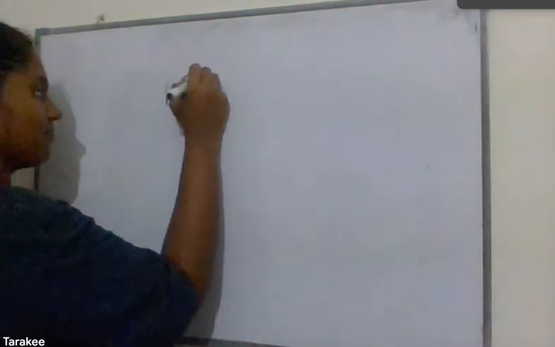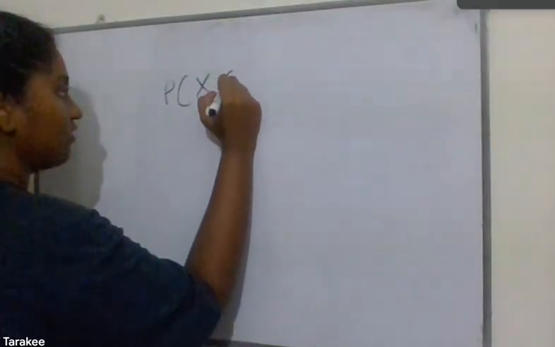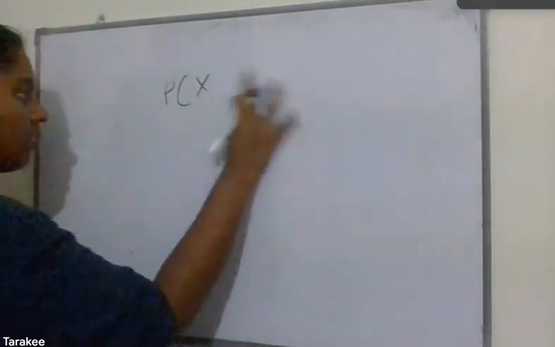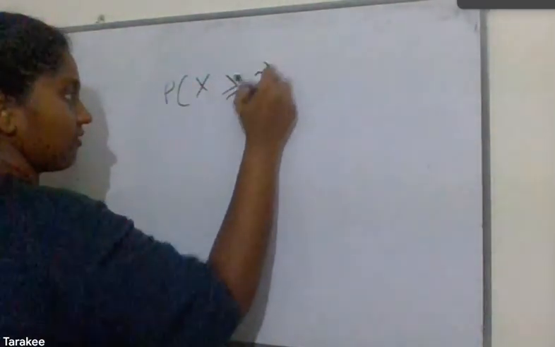So it is like this. P(X at least two are broken), that is P(X greater than or equal to 2).